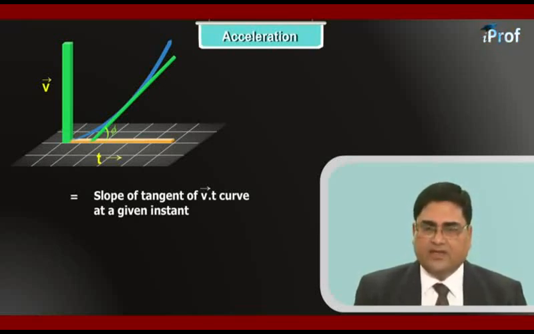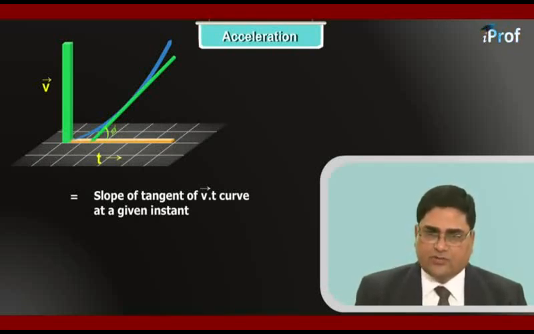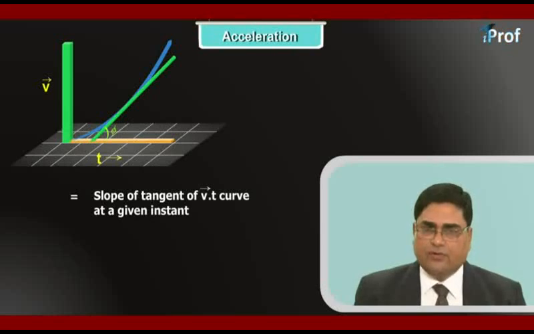Always remember that the area under the acceleration time curve bounded by the time axis with suitable algebraic sign gives us change in velocity. Why suitable algebraic sign? Because acceleration is a vector quantity. Whenever acceleration is positive, velocity has to increase. Whenever acceleration is negative, velocity has to decrease. Whenever acceleration is zero, velocity has to remain constant.